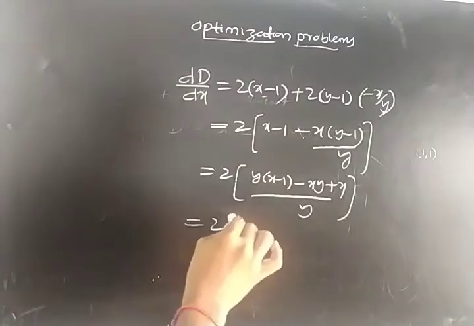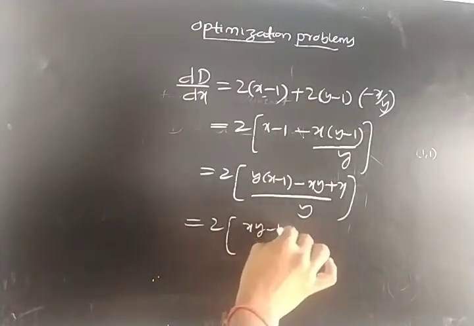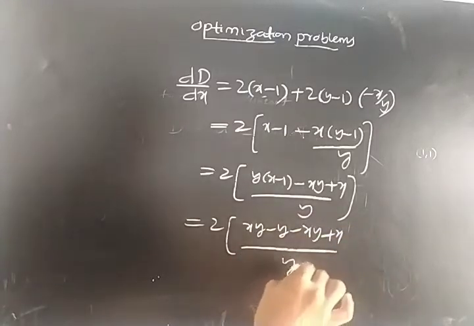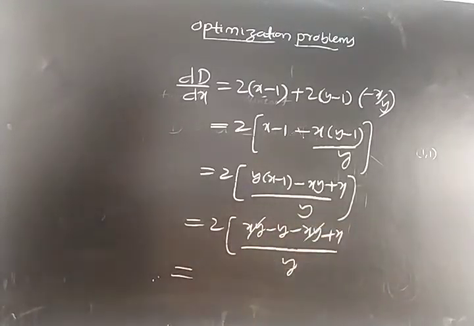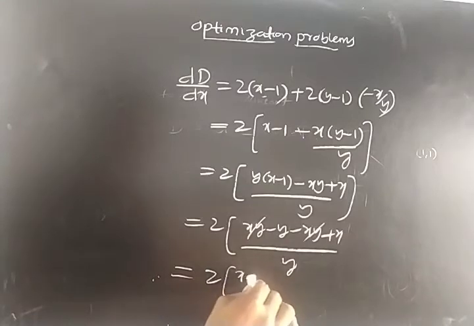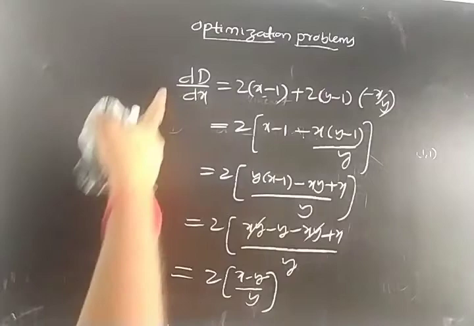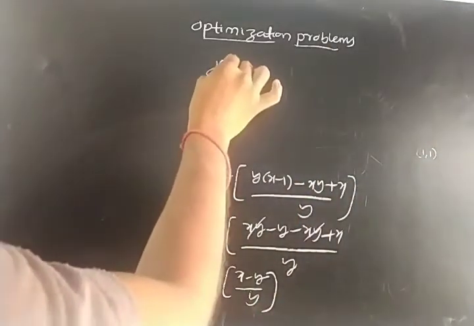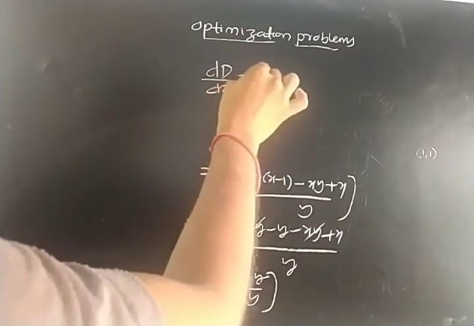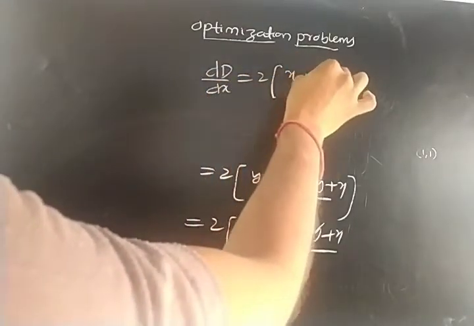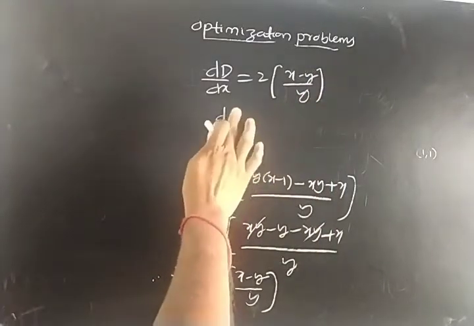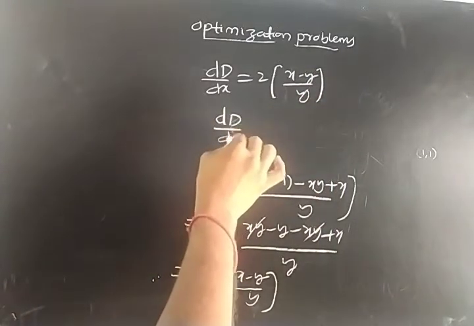By simplifying we will get xy minus y minus xy plus x by y. The xy cancel. So here 2 into x minus y by y, we got dD by dx is 2 into x minus y by y. For the stationary points, I am taking the first derivative as 0.